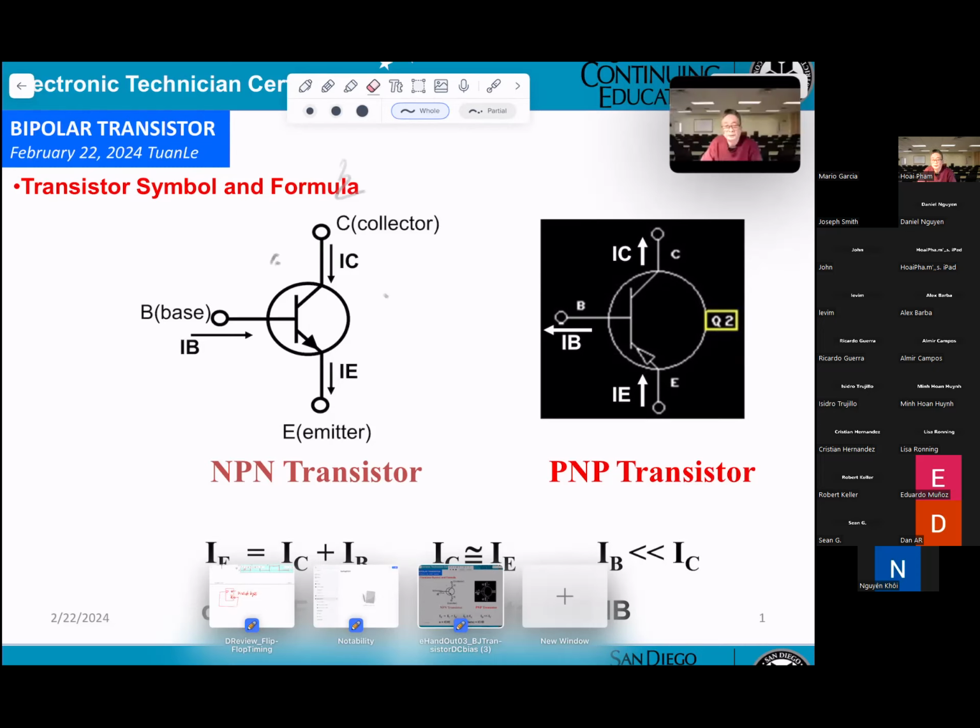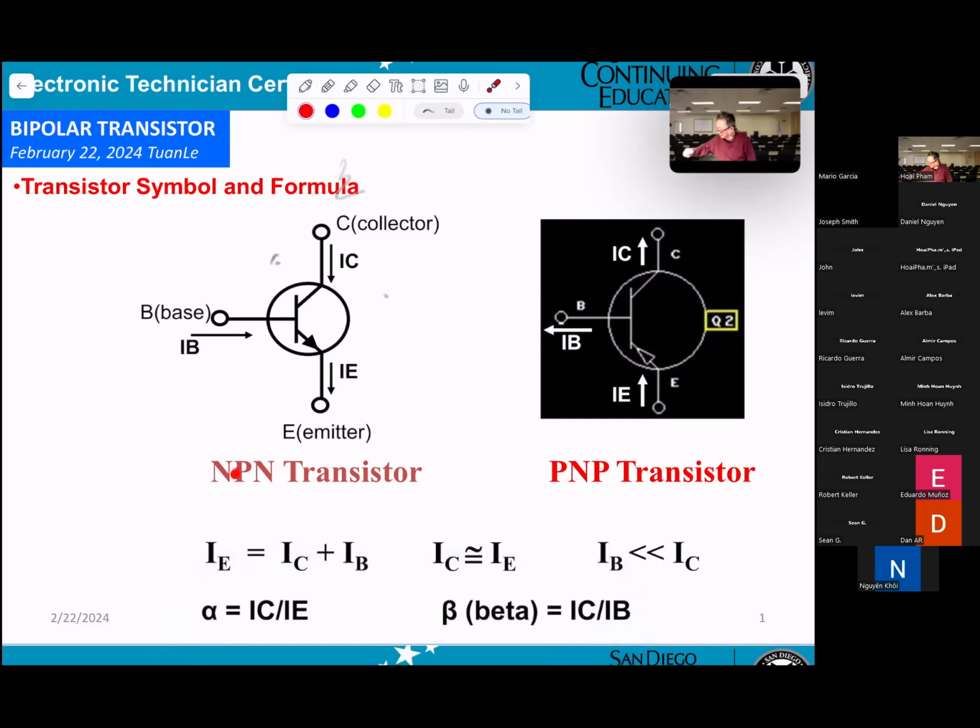Okay, anyway. Now we're talking about transistors. You get two different types of transistor: that will be an NPN, and that will be a PNP.